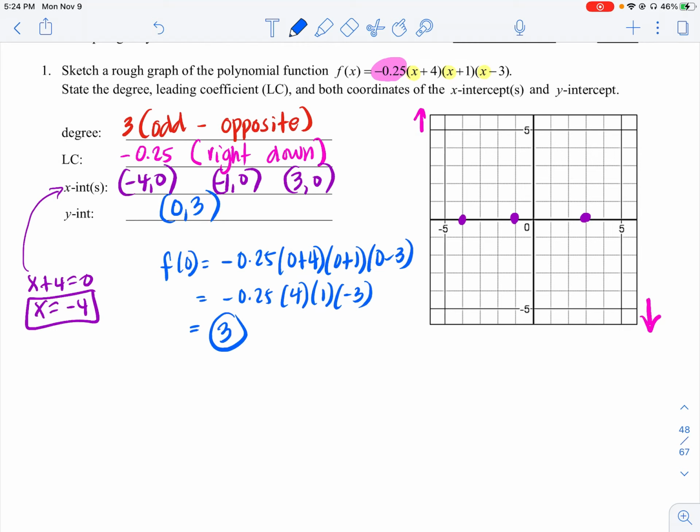Okay, now that we have all our information, all we have to do now is to graph it. Let's put our y-intercept as 0 comma 3. Here's the important thing to note though. Remember that if you watched the polynomial function symbolic representation, there are points in the graph that are repeated, right?